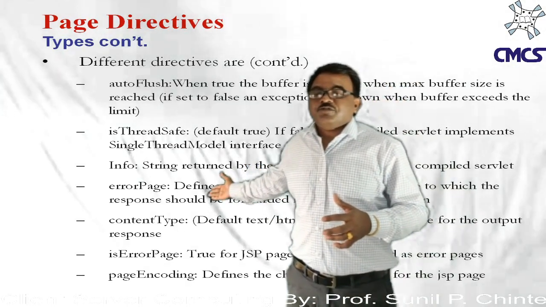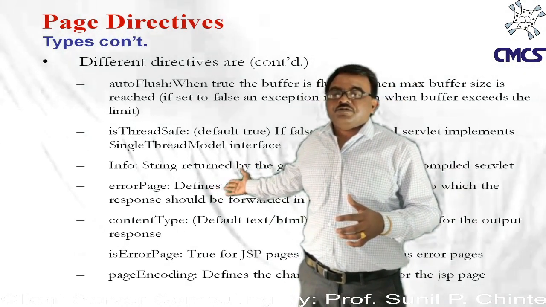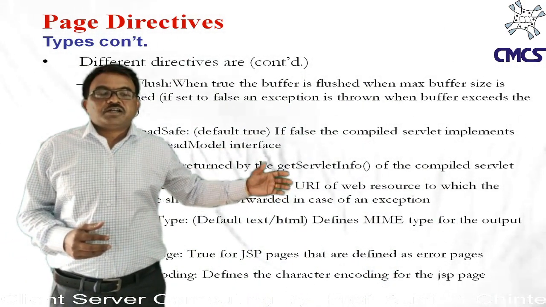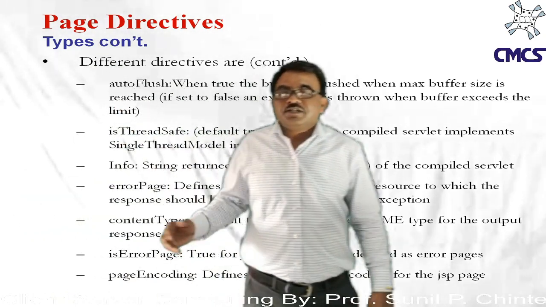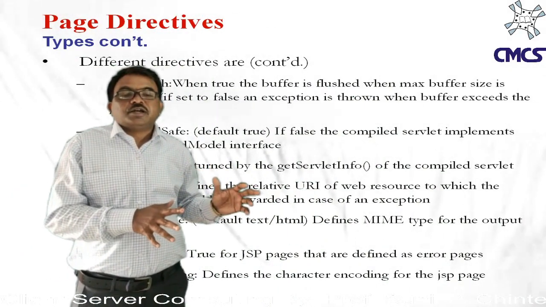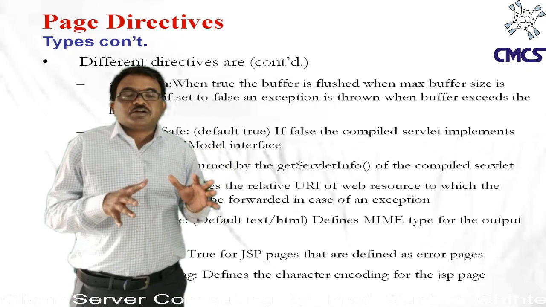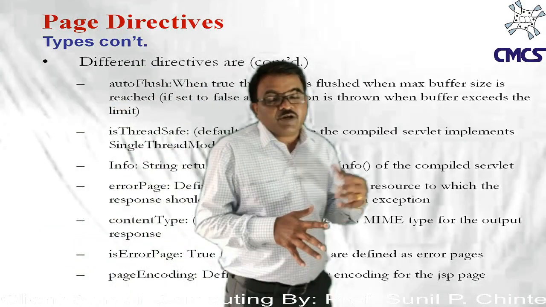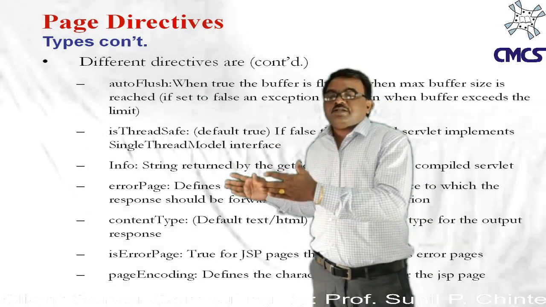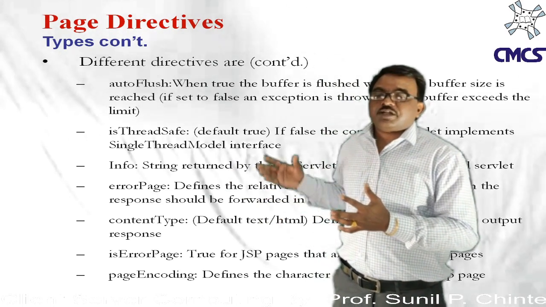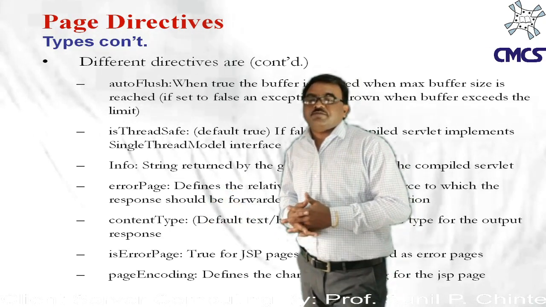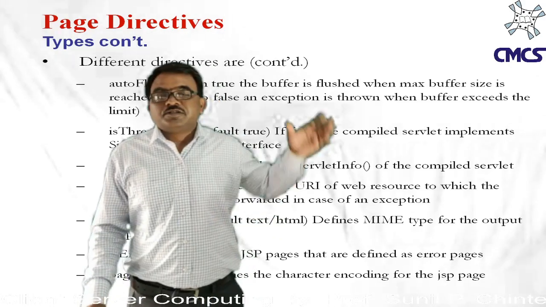Then the info, then the errorPage directive, which defines the relative URL of a web resource to which the response should be forwarded in case of exceptions. If some exception occurs in a page, where the response should go can be defined by using errorPage. Content type defines what type of content should be there in a page.